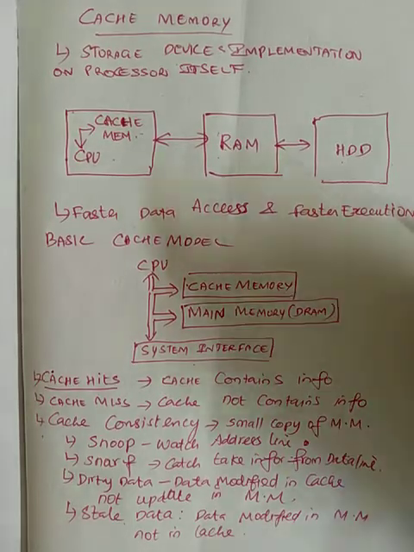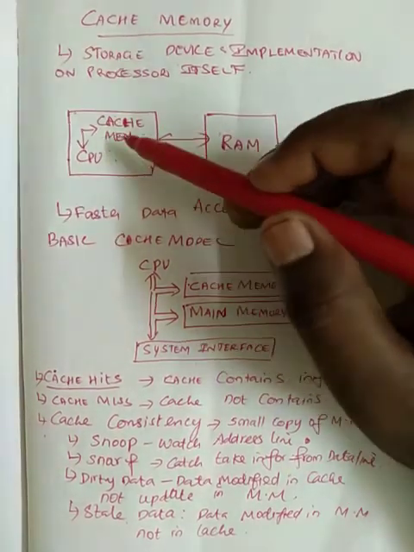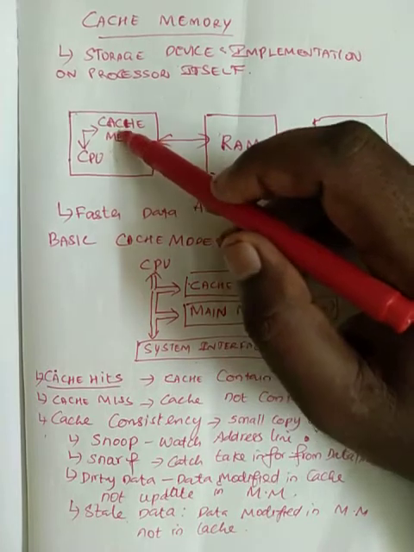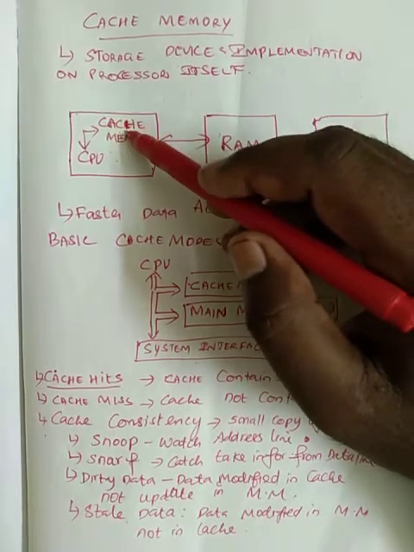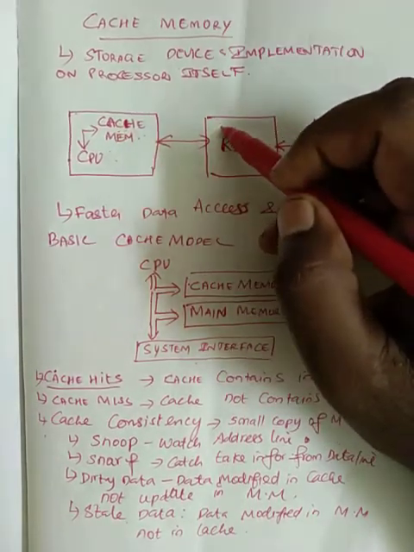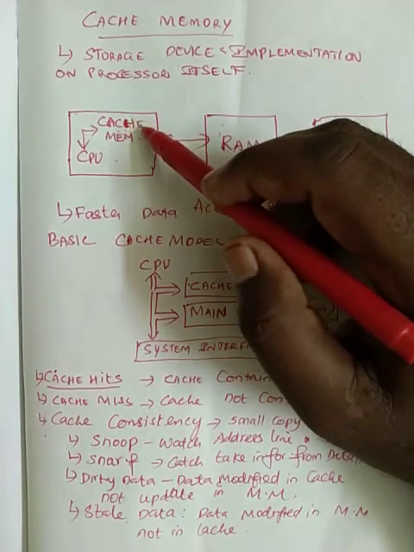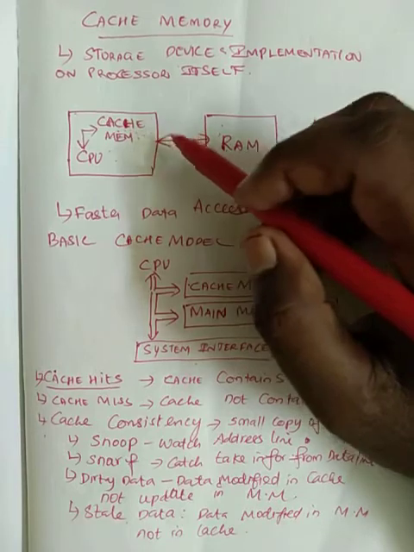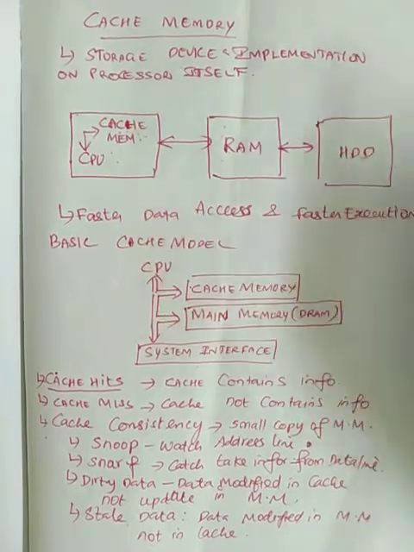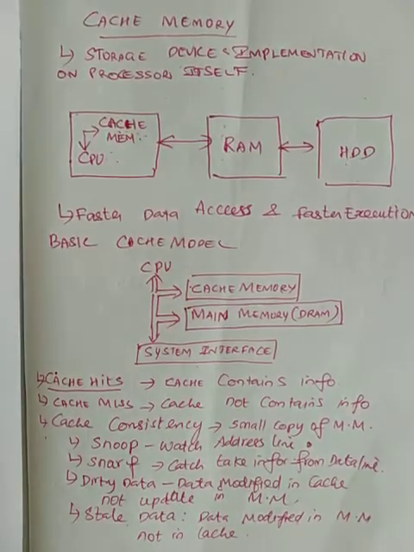Now suppose the CPU wants to modify some data, but this data is a piece of the RAM. Suppose the modified data is updated in cache memory, but the same modification is not updated in main memory or RAM, then this is said to be dirty data.